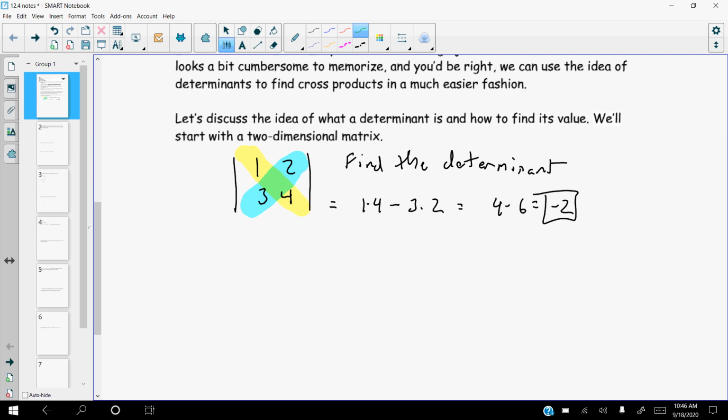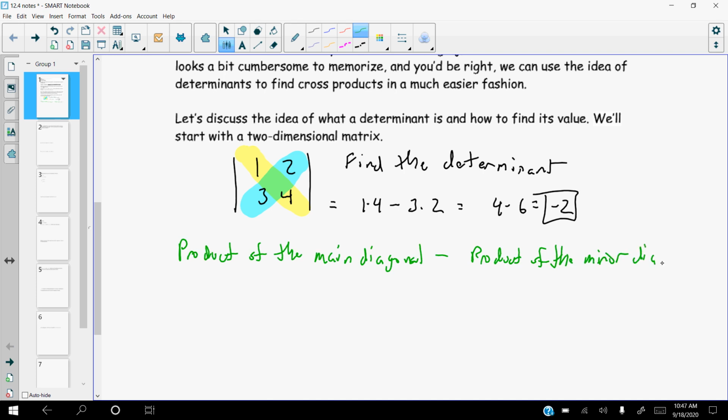It was the product of the main diagonal minus the product of, let's just call it the minor diagonal, or the off diagonal, however you want to say it, but it's not the main diagonal.